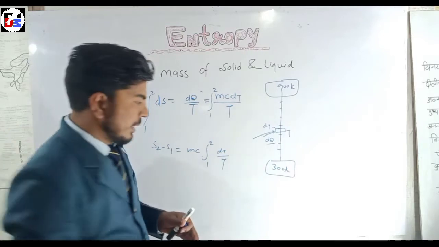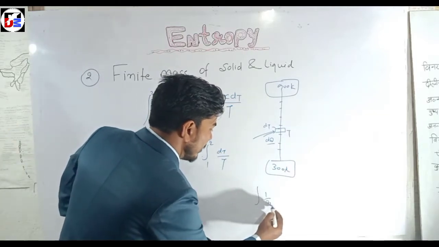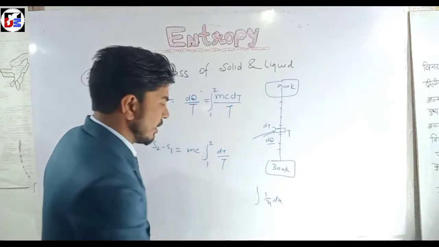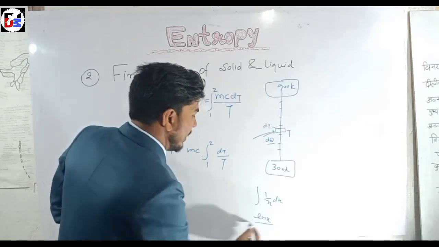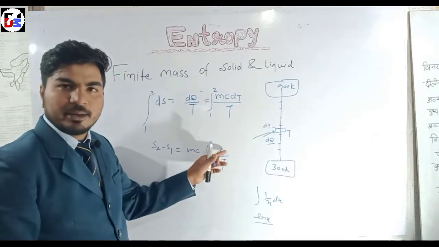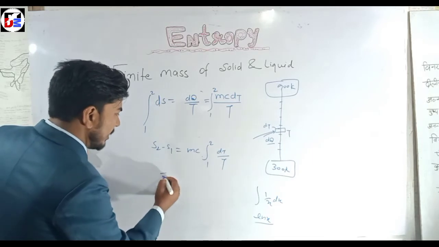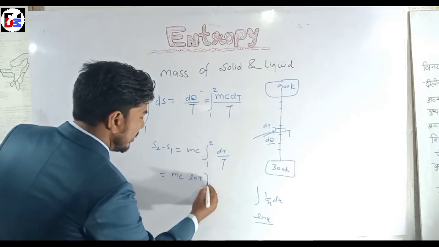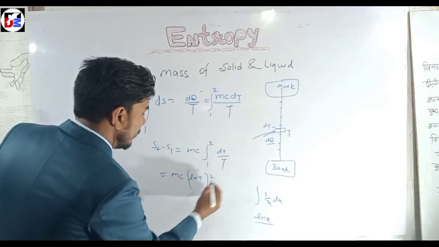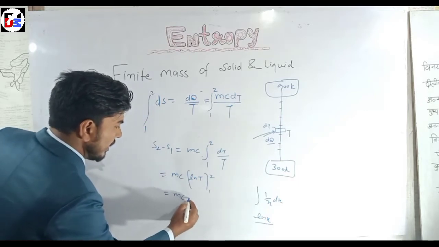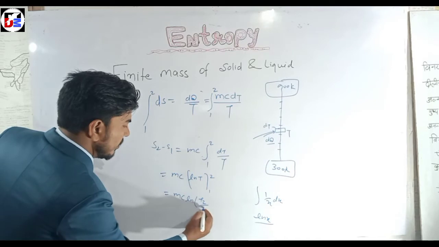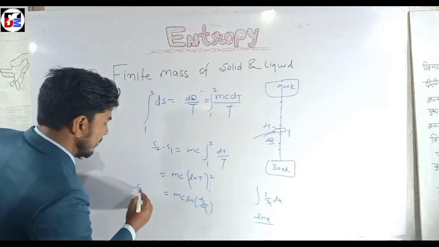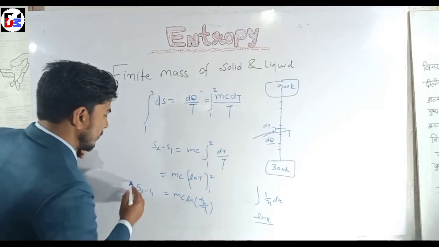You already know that the integration of 1 by x dx is ln x, here temperature dT and T. So we can write here mc ln T from 1 to 2, mc ln T2 upon T1, S2 minus S1.